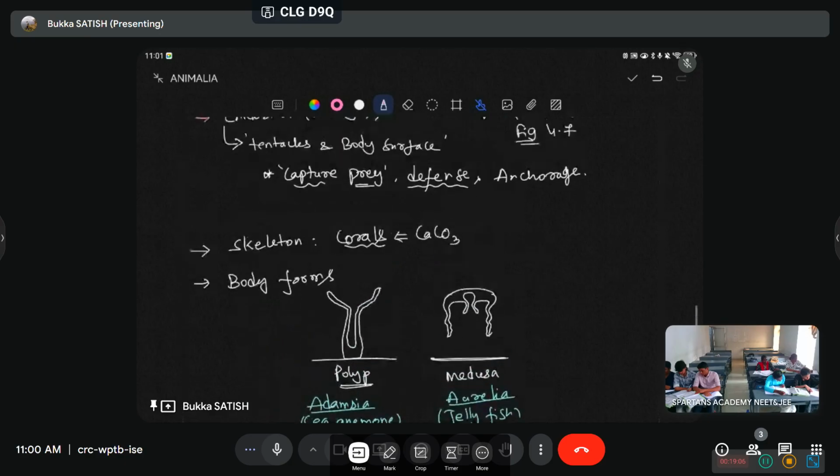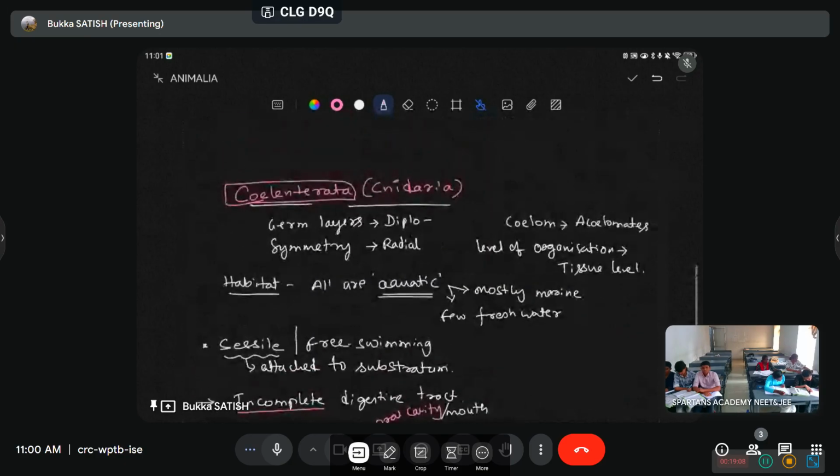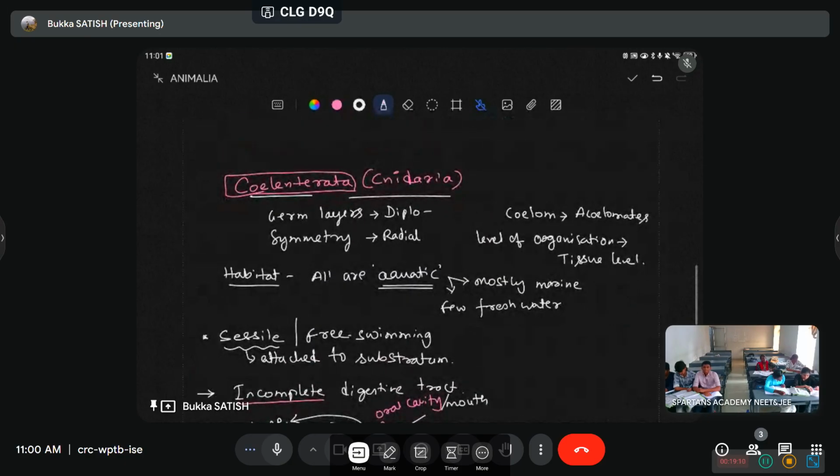Now, by the way, just see this. Now, why this group is called Cnidaria? Tarun, Tarun. Yes, man. Why this group is called Cnidaria?